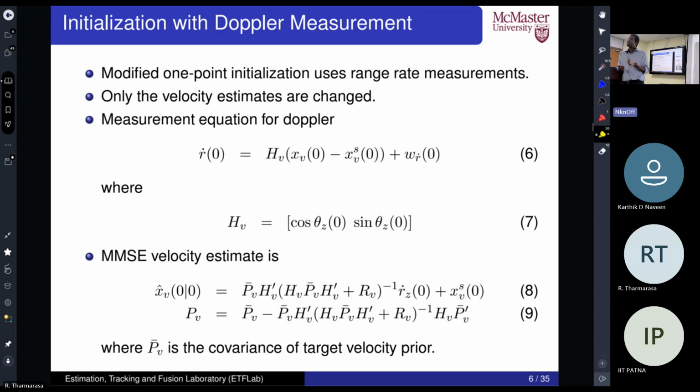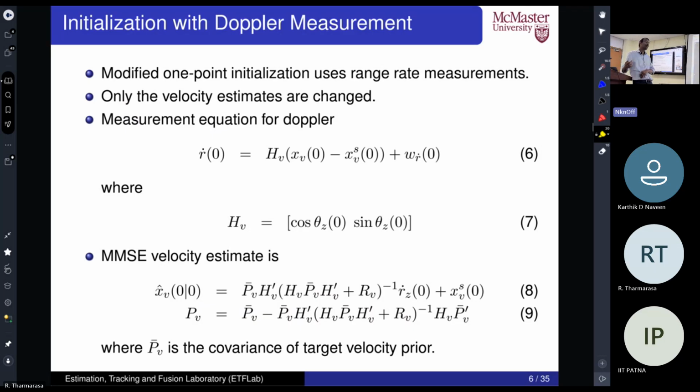But sometimes I take a lazy day, maybe. Usually, I don't use a Doppler to initialize the tracks. I use the Doppler to update tracks. Initialization, I just use 0, 0. I don't use the Doppler information at that point. But from now onwards, I use that to update the track.